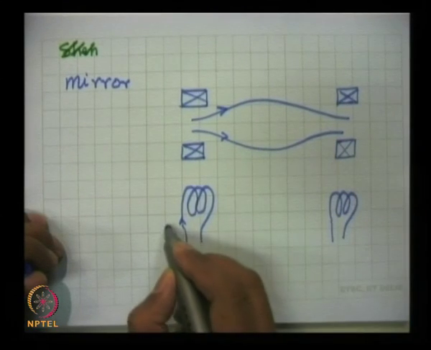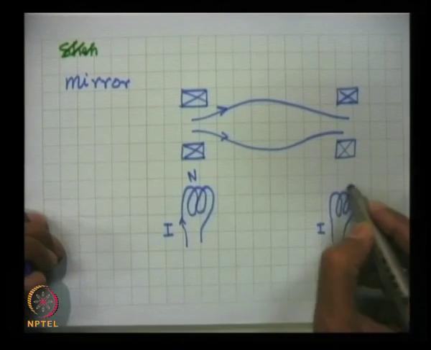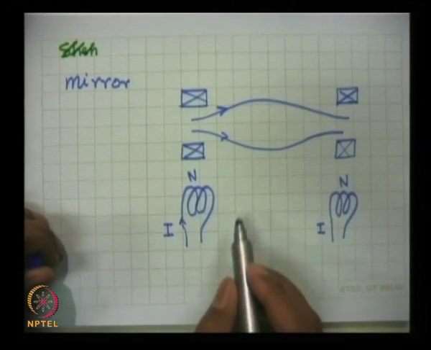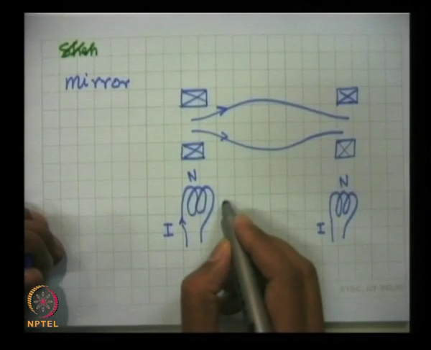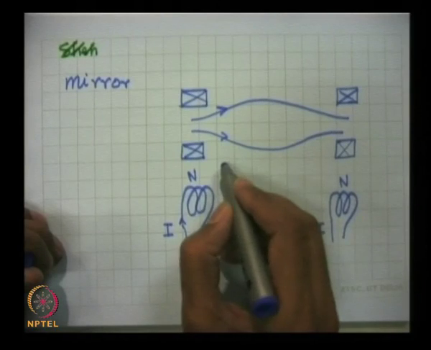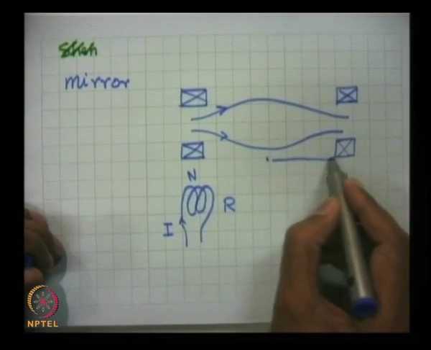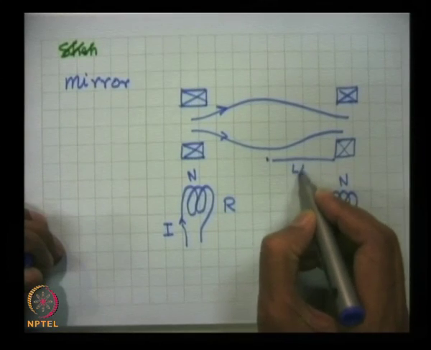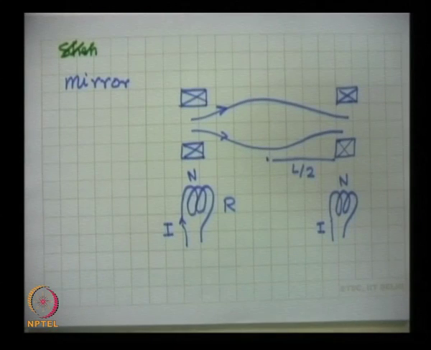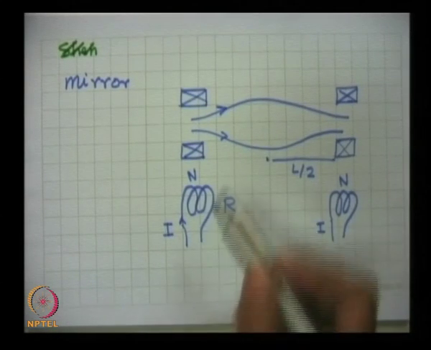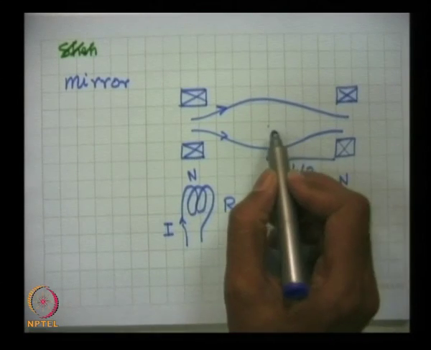The current in each coil is say I and the number of turns is say N. They are identical coils, and the radius of each coil is say R, and the distance from the center of the machine to the end, called the throat of the machine, is say L by 2. If you go from the center of the machine towards the throat, the magnetic field increases.